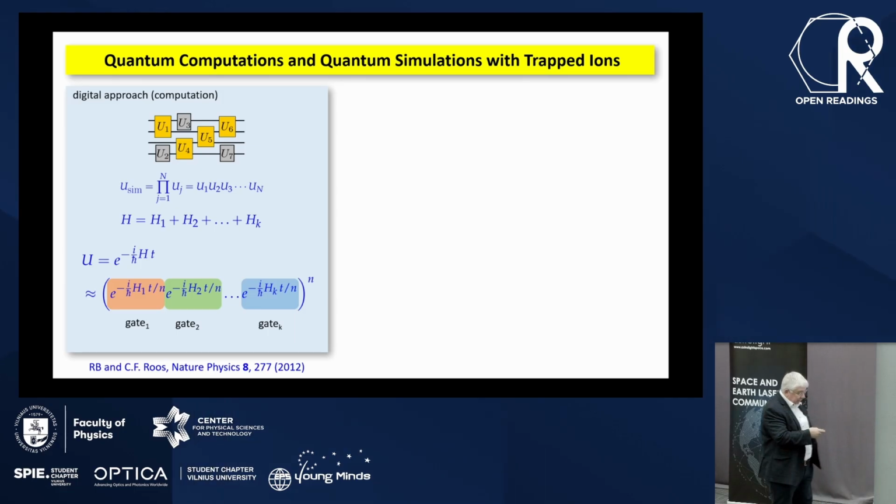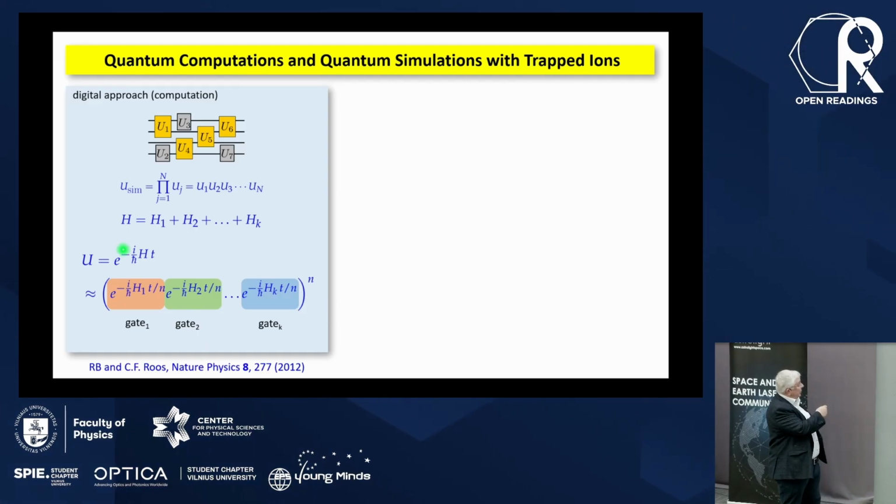The digital approach, as I said before, relies on the fact that you break down everything in a sequence of unitaries. This can be done with the so-called Trotter-Suzuki approximation. If you had a Hamiltonian and you write it here, then of course that Hamiltonian consists of parts that do not necessarily commute with each other. You can either apply the Baker-Campbell-Hausdorff theorem and then you're done, or if you cannot because it's too complicated, then you resort to this.